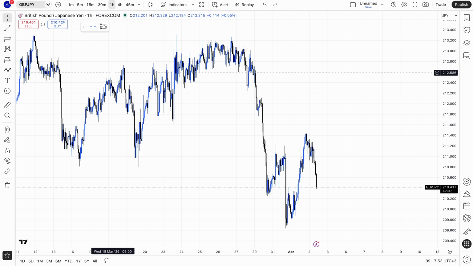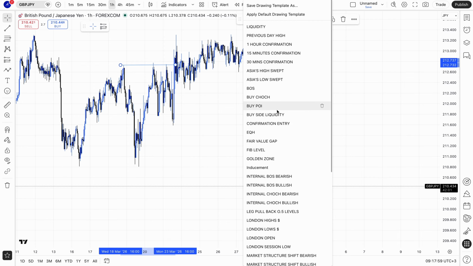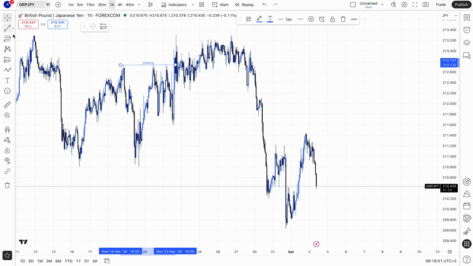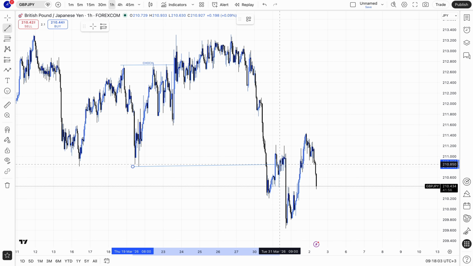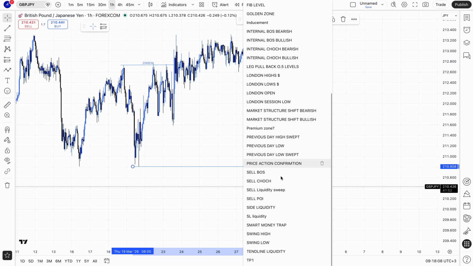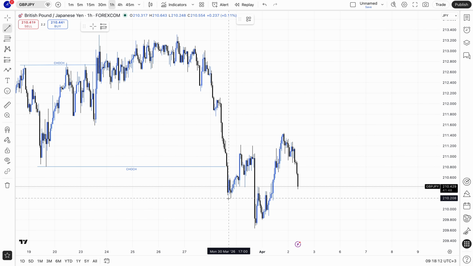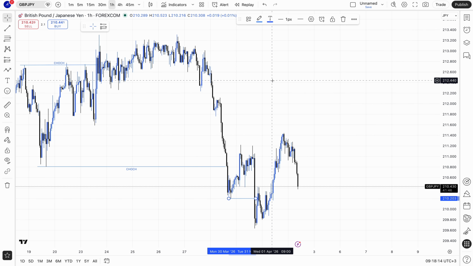you can see GJ had our break of structure to the upside, but it was a change of character to the upside. Then we had a change of character to the downside. Then we had a break of structure to the downside.